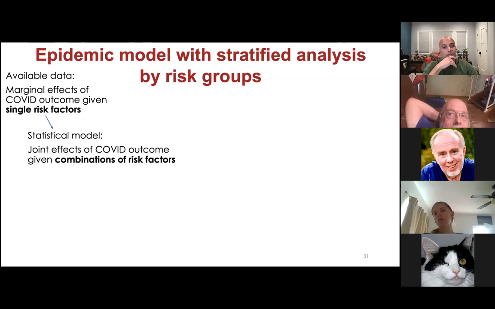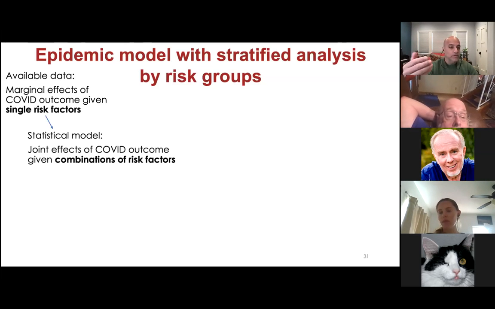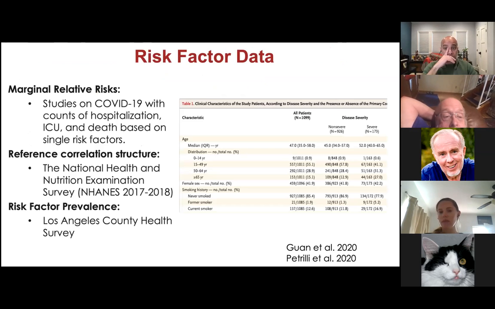And most of that data to date is available in terms of marginal effects on single risk factors. And what we would like to do is combine those into a joint model. And so to do that, we used a technique that we've talked about before here, JAM, which is the Joint Analysis of Marginal Summary Statistics.